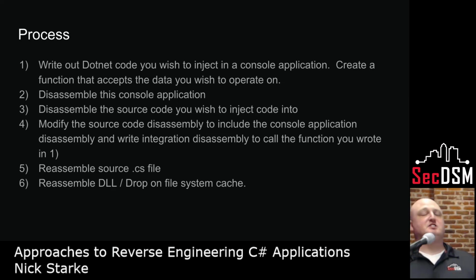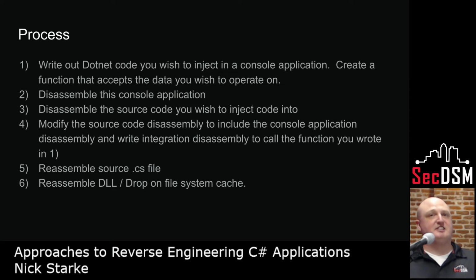What you do is you take that code and you compile it into a command line application as a function that the main function calls, right? And you write your function so that it accepts the data in the format that it's presented in the application you're targeting. So from our example earlier, username and password, I would write a function that takes a username and a password and does what I want it to do with it.